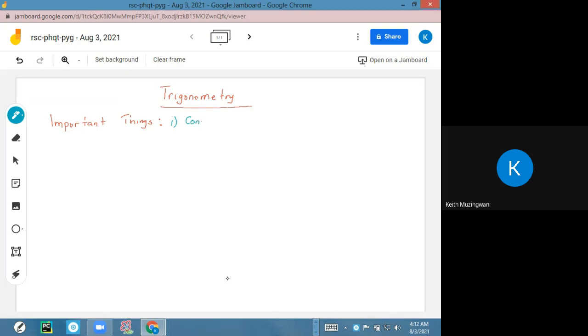converting, or I say converting, the radians to and from degrees.